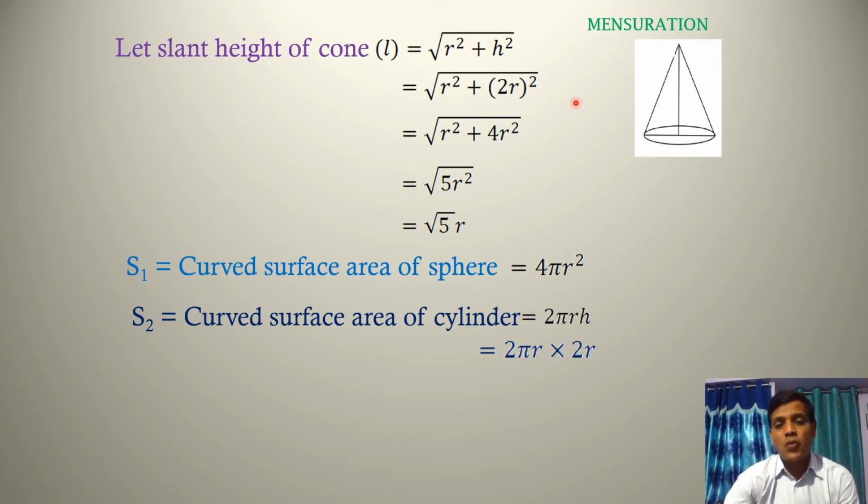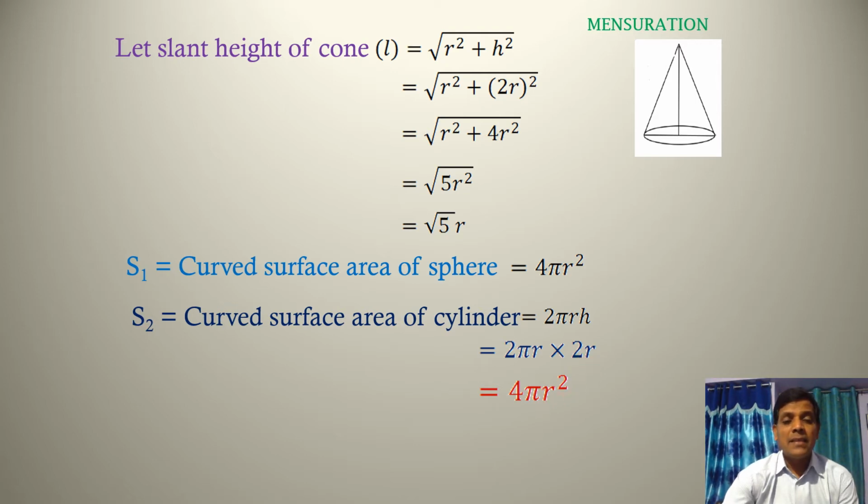Substitute 2r in the place of h. So 2 pi r into 2r. Now 2 into 2 is 4, and r into r is r square. So we get 4 pi r square. Thus 2 pi r into 2r is written as 4 pi r square.